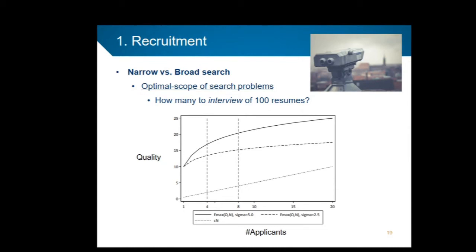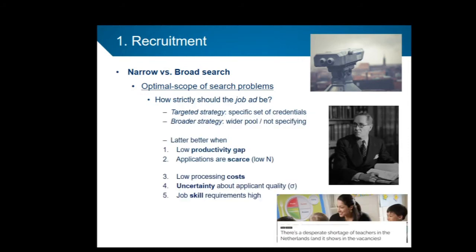Of course, we can make it a bit easier for ourselves in the first place by devoting sufficient attention to the job ad. For example, if we're looking for a new economics teacher in a school, we could consider specifying that applicants need to have a master in economics. Now, this is an example of a targeted strategy, where we specify specific credentials beforehand.